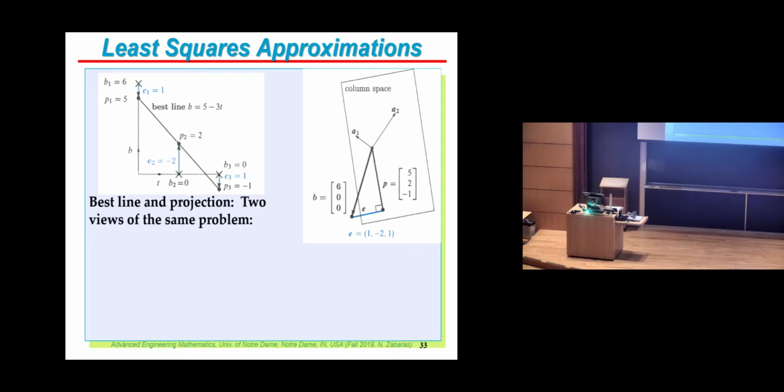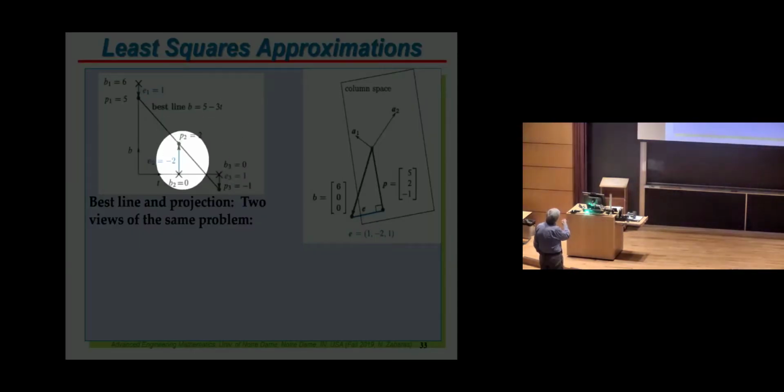So in the other view, we're going to minimize the square errors. Can you look at that plot and tell me with an equation which square errors we minimize? If I look here, at time 0, this is one data point, b1 equal to 6. At time equal to 1, b2 equal to 0, that cross.